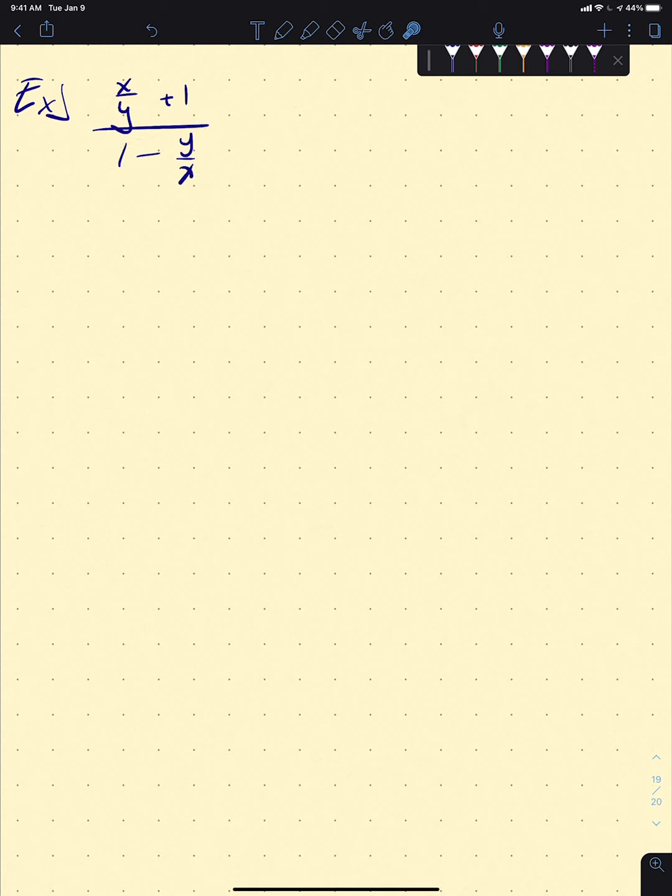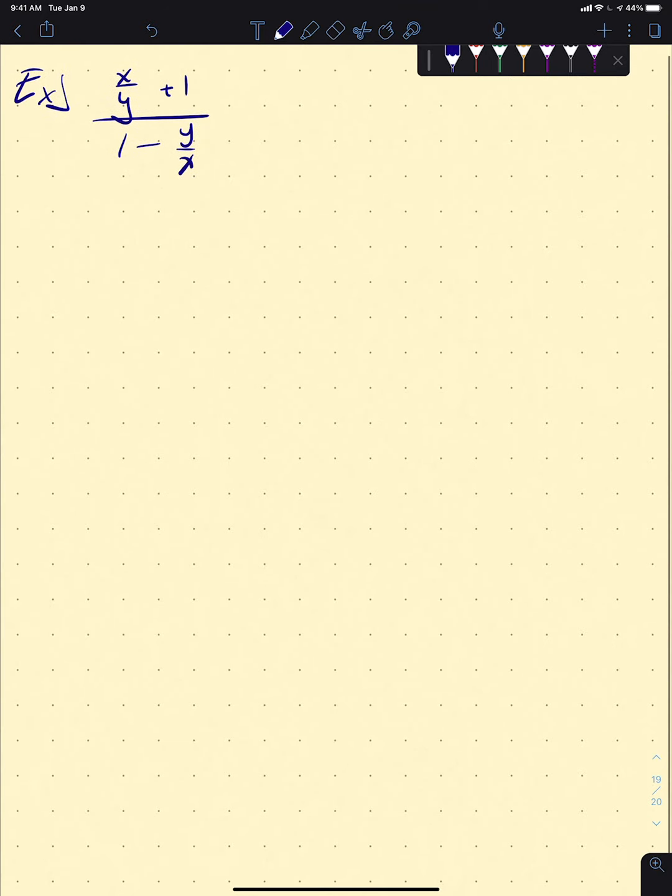The first thing that I want to do is deal with each of these terms individually. I want to get a common denominator here and a common denominator here. So my common denominator of the first one, I want this to be over y. So we'll have x over y, and we're adding just one, so that will be y over y.